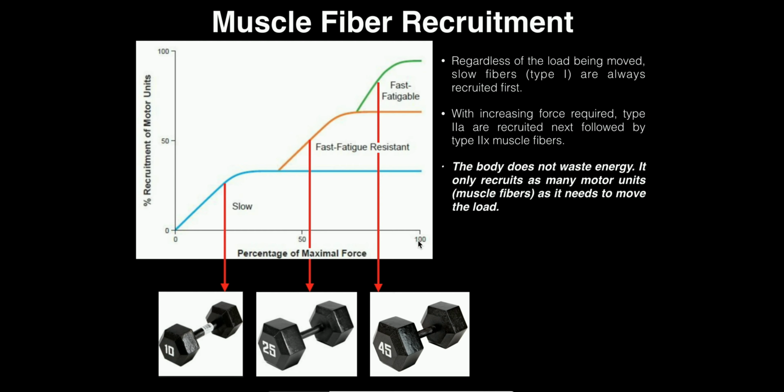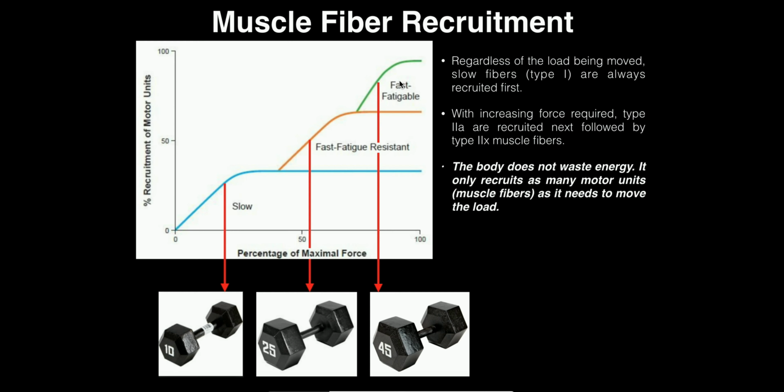It's only when I get to a weight that I'm lifting, such as 45 pounds in this example, that I'm actually going to have to activate all three of them, but again, it's going to be in that sequential order. Slow, fast fatigue-resistant, fast fatigable. In other words, type 1, type 2A, type 2X. So the body is not going to waste energy. It's going to be as energy efficient as possible and only activate what it needs to.